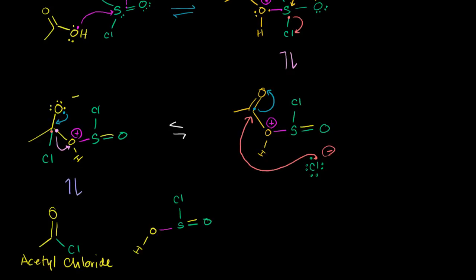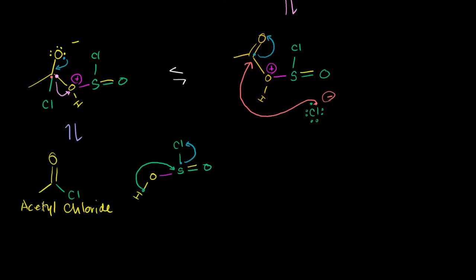You could imagine that this oxygen right over here takes back its electron from this proton, gives it to this sulfur, and then the sulfur, since it got an electron, will allow the electronegative chlorine to take back its electron. And then if we just focus on this, the acetyl chloride at this point isn't doing anything anymore. This would be in equilibrium with something that looks like this.